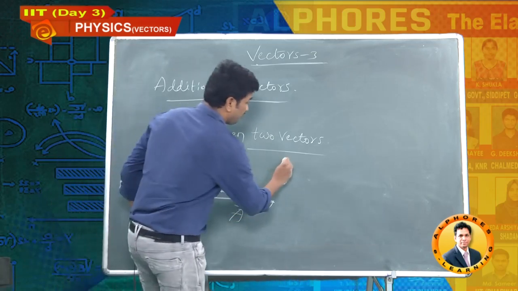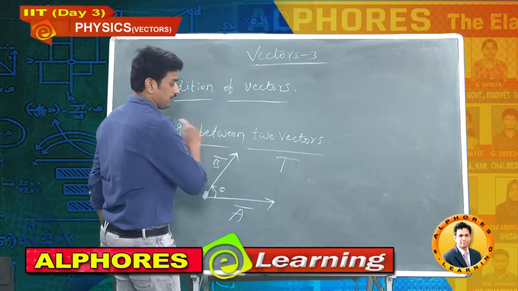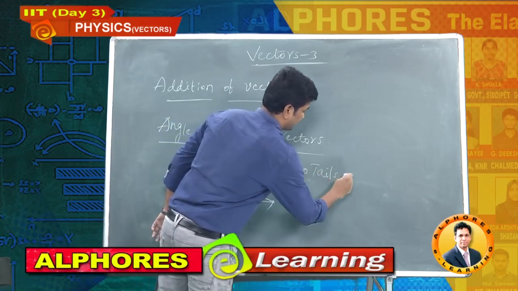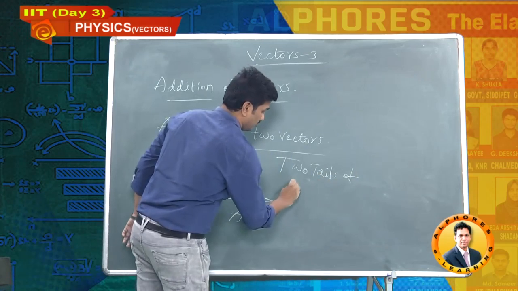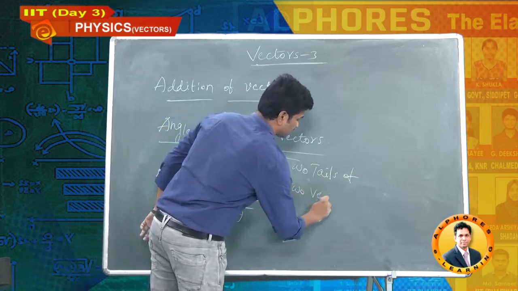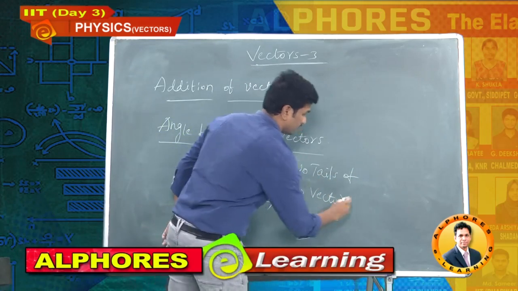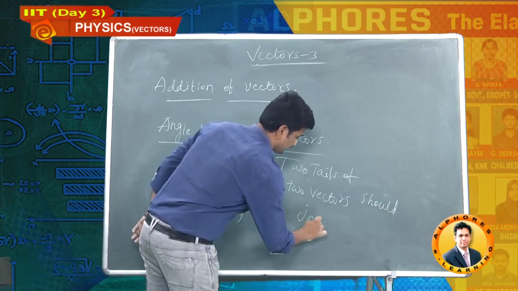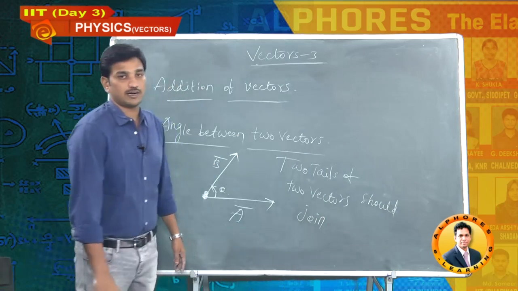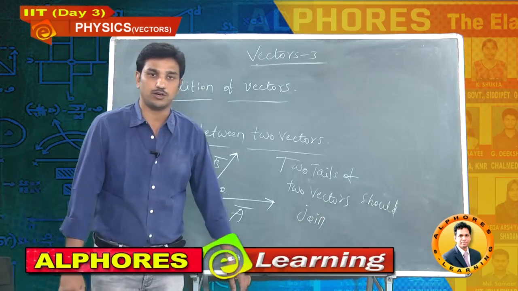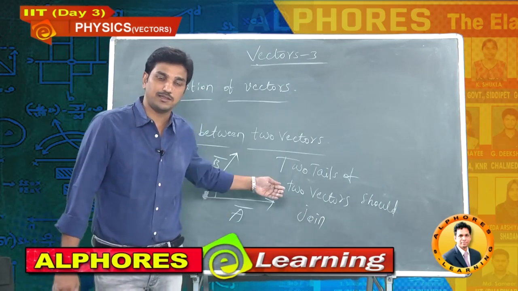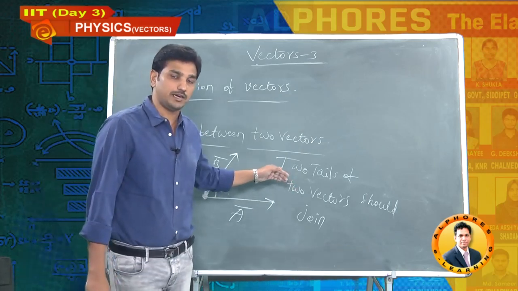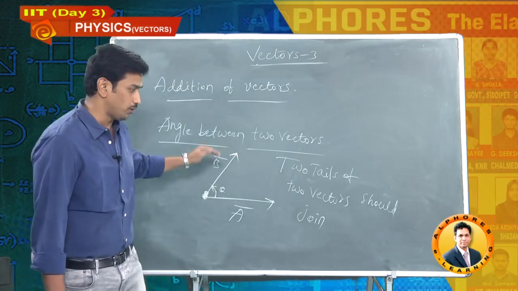So, when you want to calculate the angle between two vectors, the tails of the two vectors should join. Don't forget this point, because when you are doing numericals, we will apply these concepts. Addition and observing the angle between the two vectors are too important.